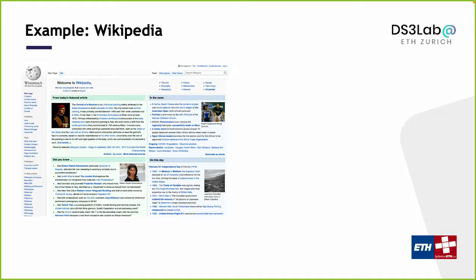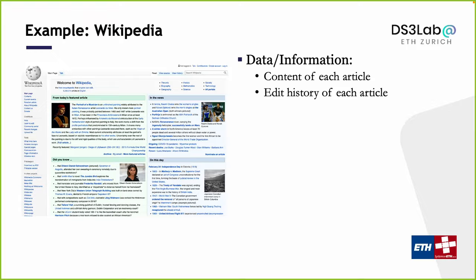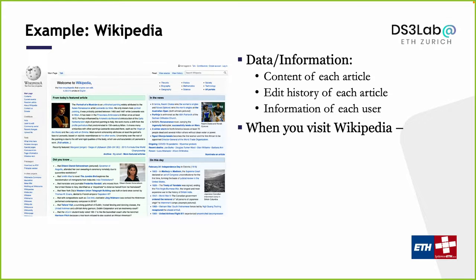Let's look at more examples. Assuming you are building Wikipedia, what data and information do you have? You have the content of each article that is going to be stored inside your database. You have the history of every single article. You have the information of each user, for example. And when you visit Wikipedia, there are things that you need to know to build such a website.